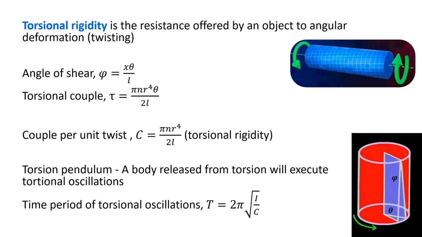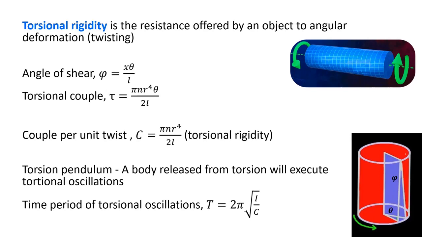Also, the structural element, when released from its stress situation, executes oscillations about its mean position, and this constitutes a torsional pendulum. This torsion pendulum is a body which, when released from torsion, executes torsional oscillations.